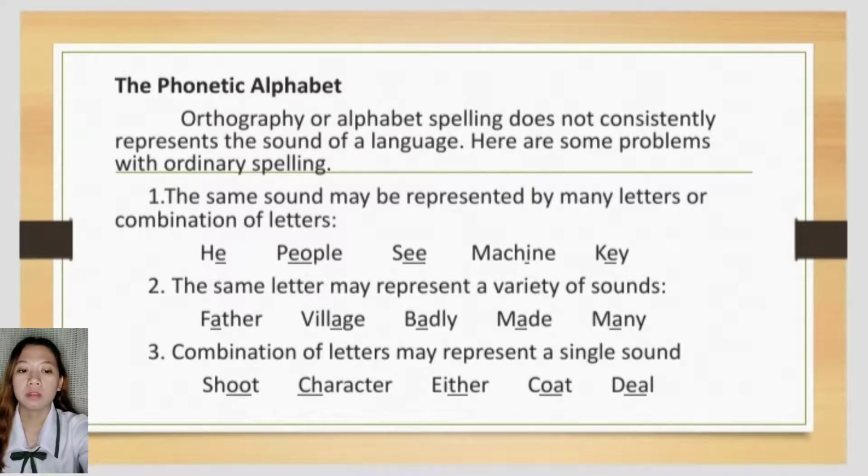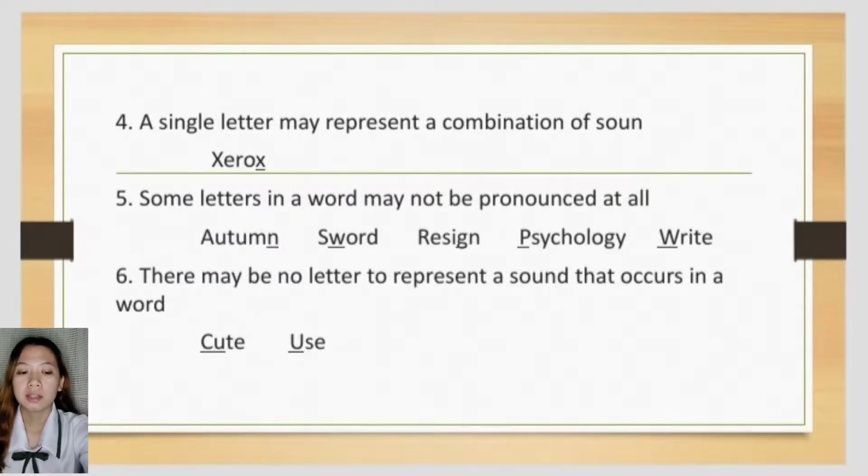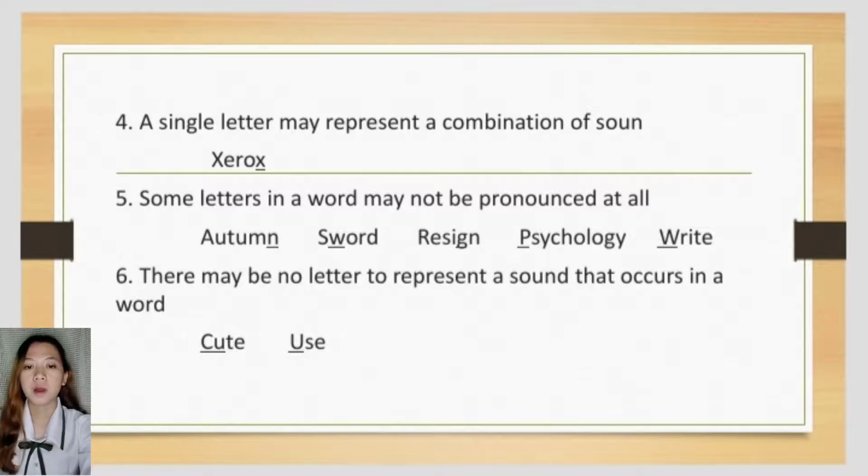Number 3. A combination of letters may represent a single sound. For example, shoot, character, coat, deal, and either. These are two letters that can represent a single sound. For number 4, a single letter may represent a combination of sounds. Xerox. Number 5. Some letters in a word may not be pronounced at all, or these are the silent letters.